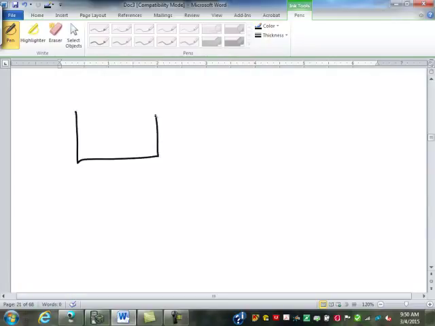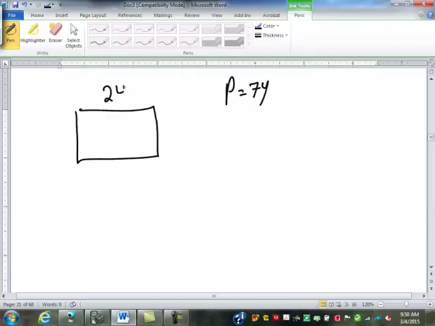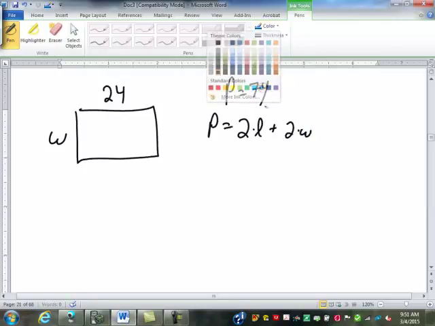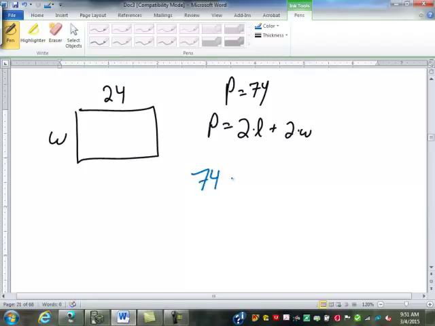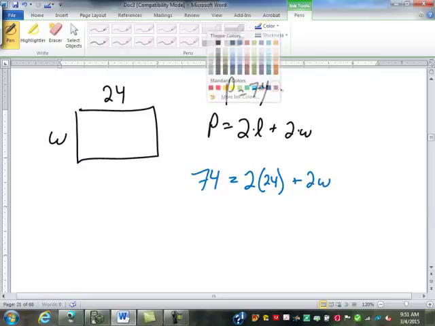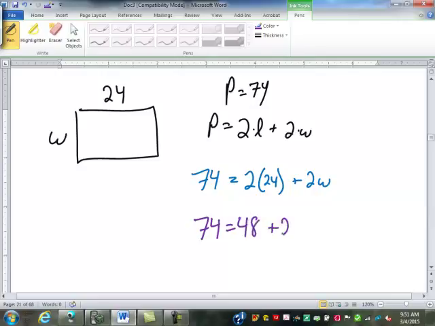21. The perimeter is 74 feet. The length is 24 feet. Find the width. So perimeter equals 2 times L plus 2 times W. This is 74 equals 2 times 24 plus 2W. 2 times 24 is 48.